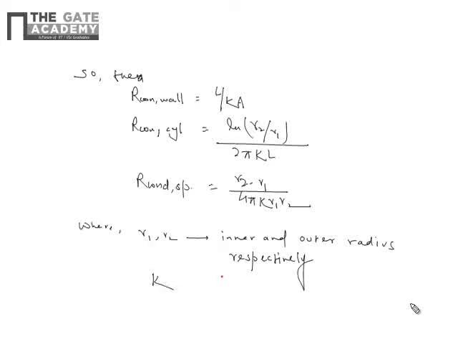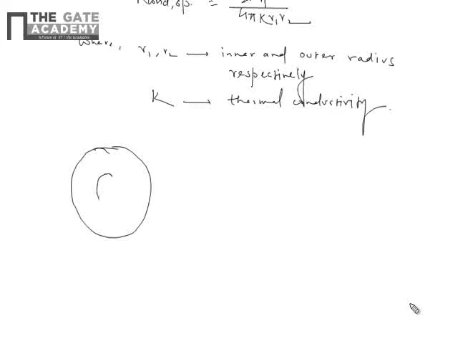K is the thermal conductivity. So let us say this is a cylindrical shell, then this one is R1 and this one is R2, the inner radius and outer radius.